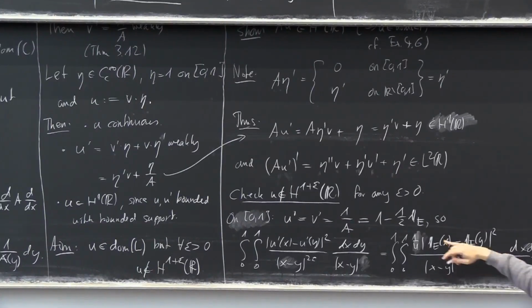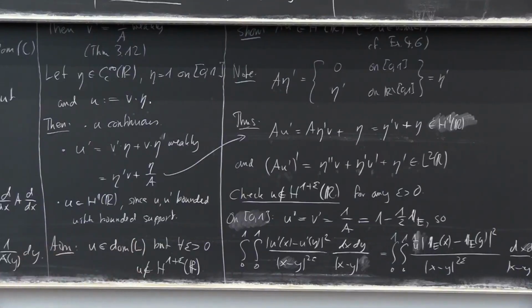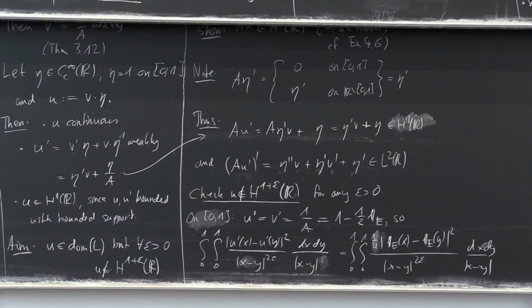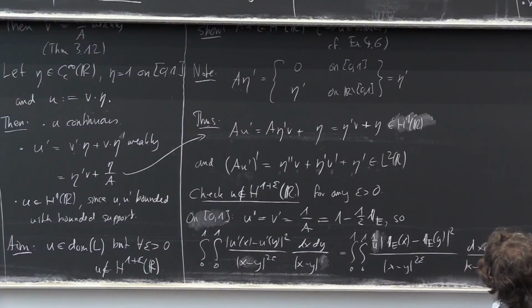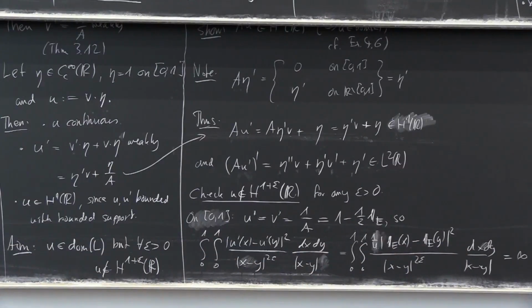So this was using that we know how U prime looks like. And this is something we've already seen. Now you see the construction of E was made explicitly to not control this term here. So this is 1/4 times the thing that we showed earlier is infinite for every epsilon positive. So E was constructed to make this work.